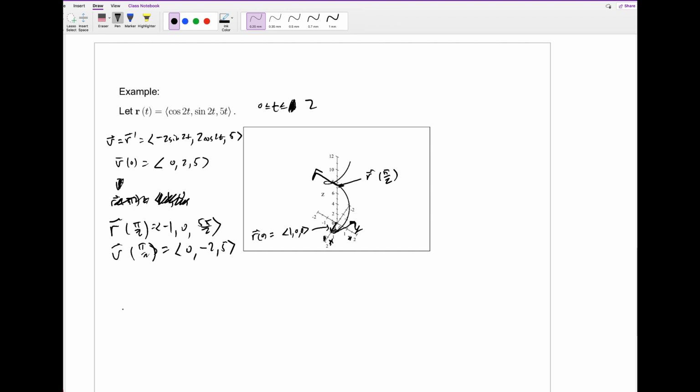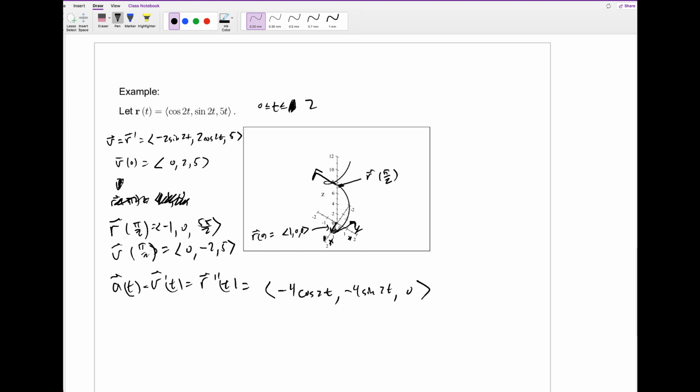Let's go one step further and compute the acceleration, which is the derivative of the velocity, which is the second derivative of the position function. We'll just differentiate this velocity function and we'll get minus 4 cosine of 2t, minus 4 sine of 2t, and 0.